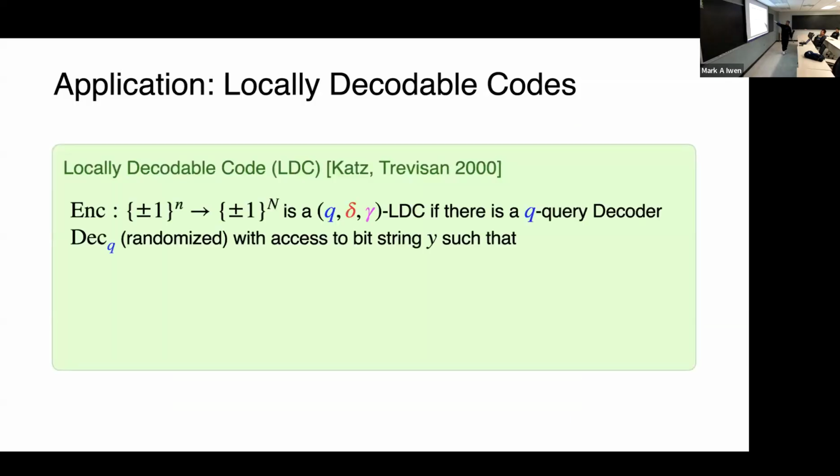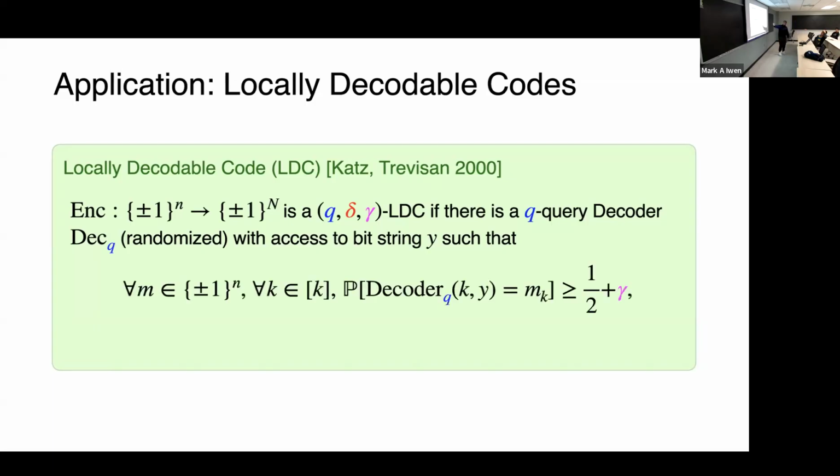Locally decodable codes were formally defined in this work of Katz and Trevisan in 2000. They're implicit in some older works in computer science. We'll call a code mapping n to capital N a Q, delta, gamma locally decodable code if there's a Q-query decoder, necessarily randomized, such that when it's given access to the bit string Y, for any input message M, for any coordinate k, the probability that the decoder decodes the kth bit correctly is at least a half plus gamma.